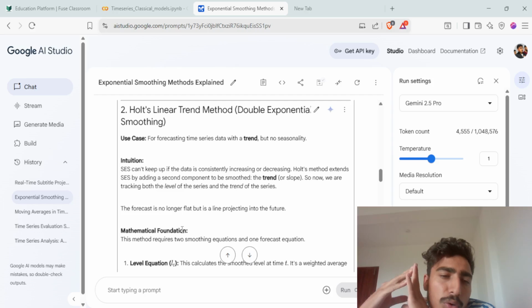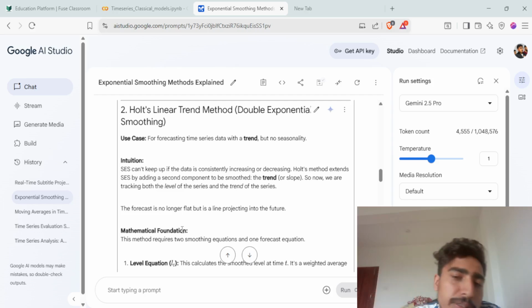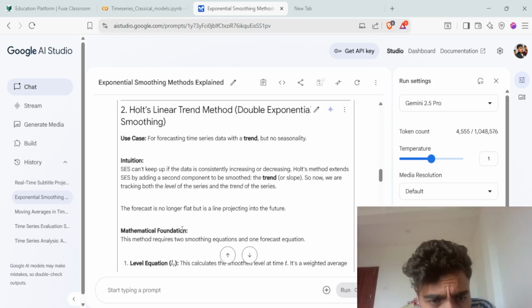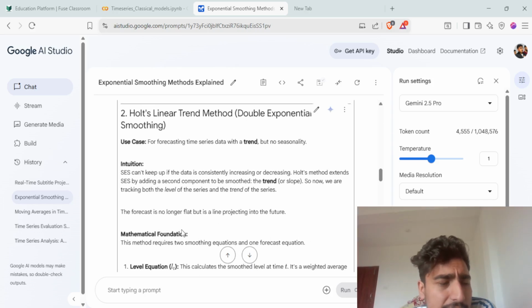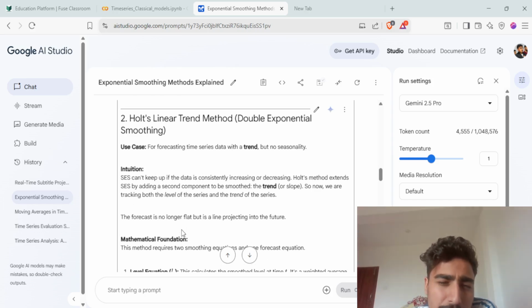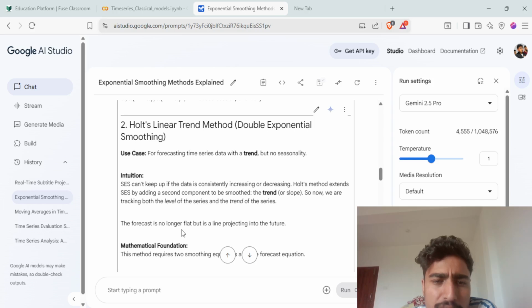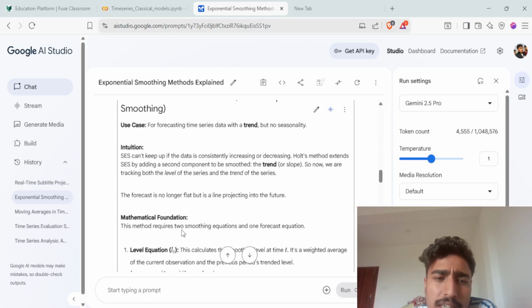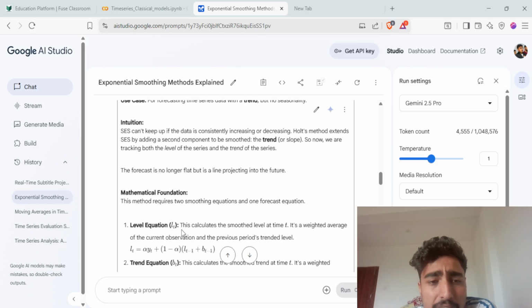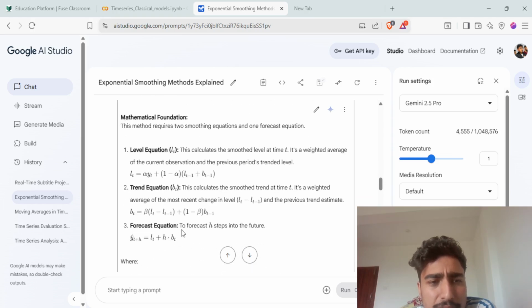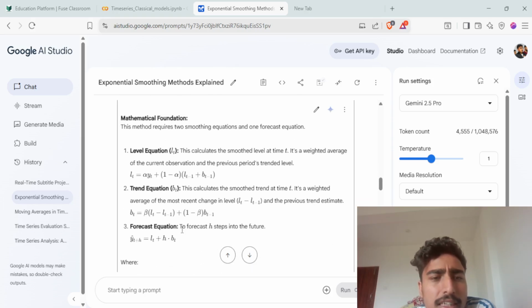So now we are tracking both the level of the series and the trend of the series. In SES we were tracking only the level of the series, but here we will be tracking the trend alongside the level. Let's get into the mathematical foundation.